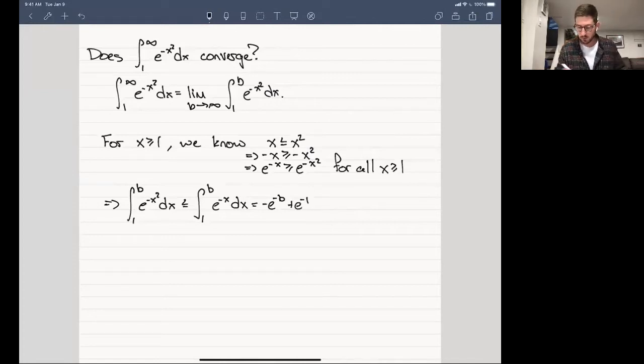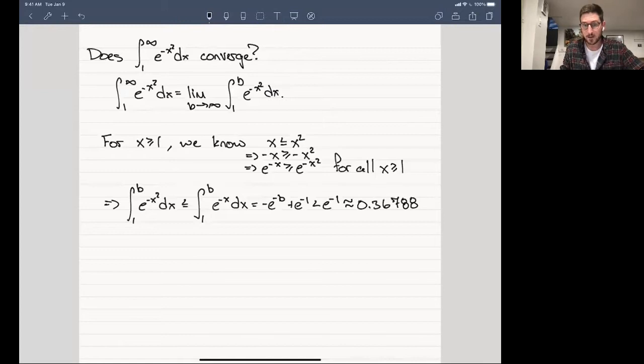So I took the liberty of just skipping a couple steps in the middle. I think it's getting a little monotonous. So also, you know that you're subtracting off something positive here. So e to the minus b is a positive number, and that means that this thing is smaller than e to the minus 1, which is something like 0.36788.